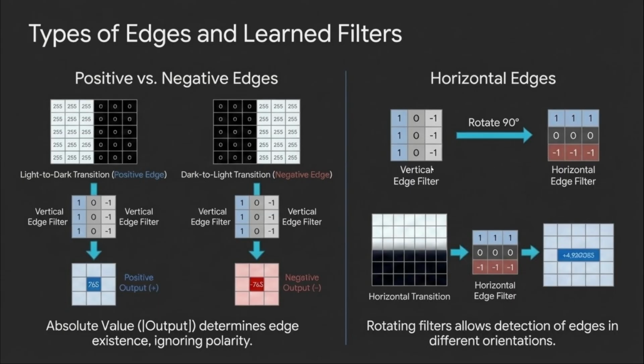Now this detects changes from top to bottom instead of left to right. CNNs detect patterns using many filters like this. Some filters detect edges, some detect textures, and some detect more complex shapes. So filters allow CNNs to transform an image into feature maps that highlight important visual patterns like edges.